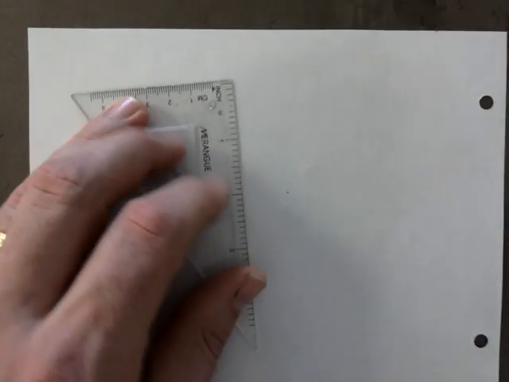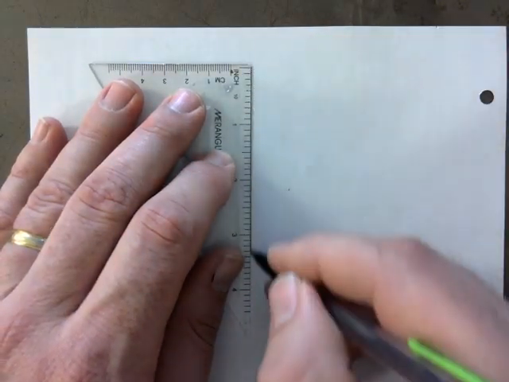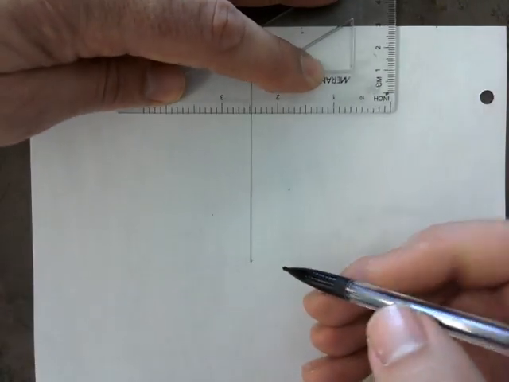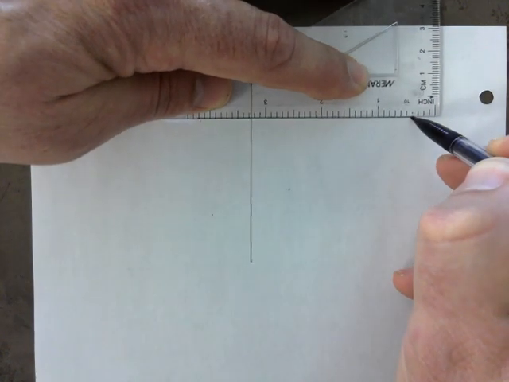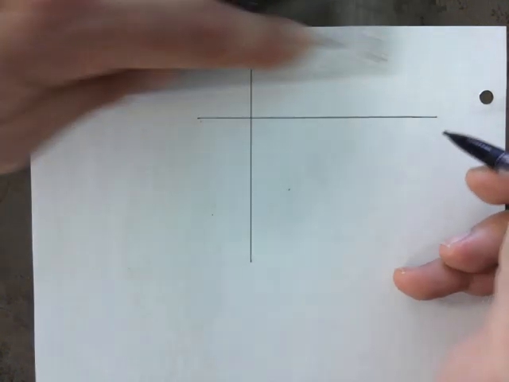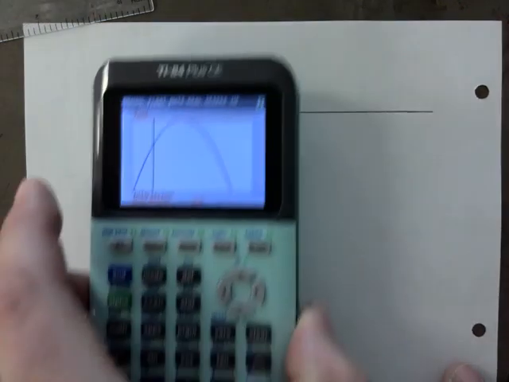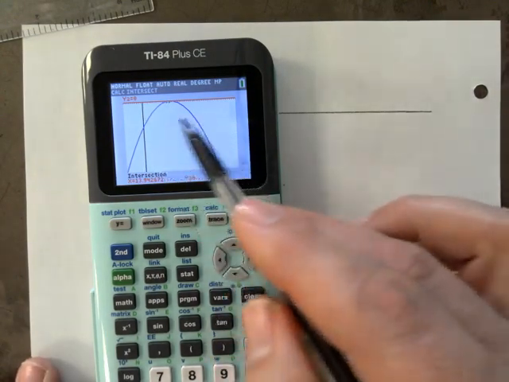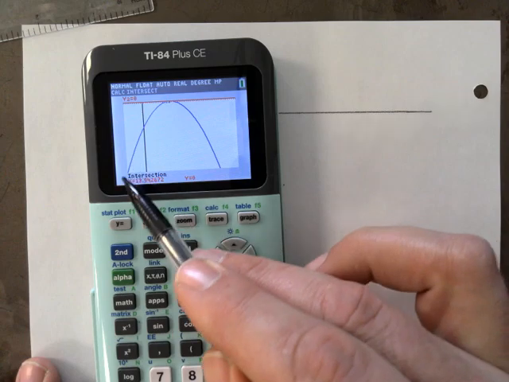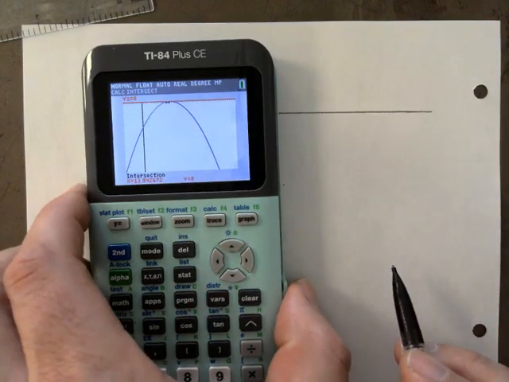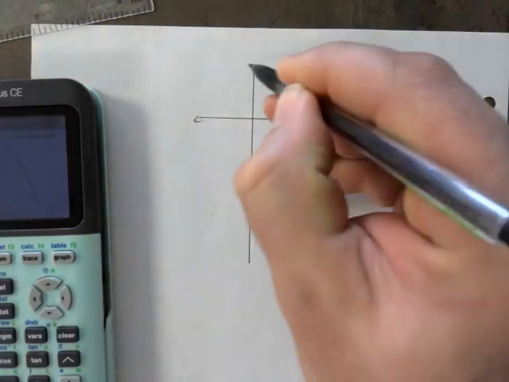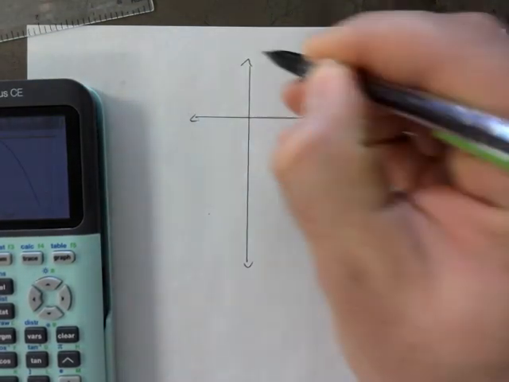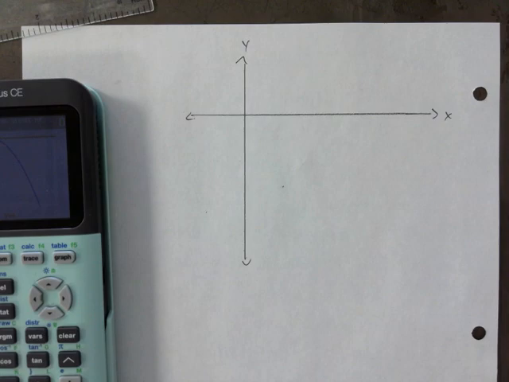So obviously you have a limited amount of space, right? But you know that most of the action happens somewhere here. Based on my graph, it's mostly quadrant 4, but it does go over the x-axis, we know that. So how would you graph something like this? Right, x, y, I would definitely look for that.